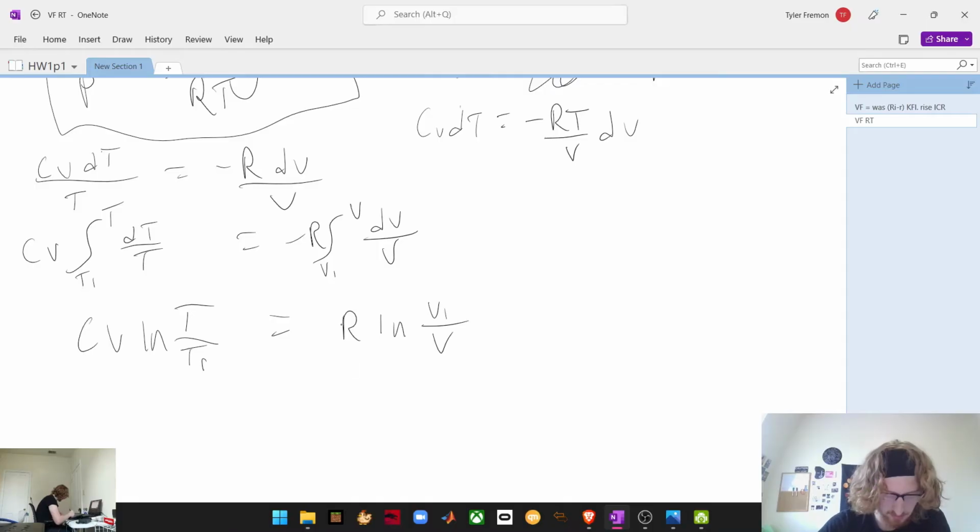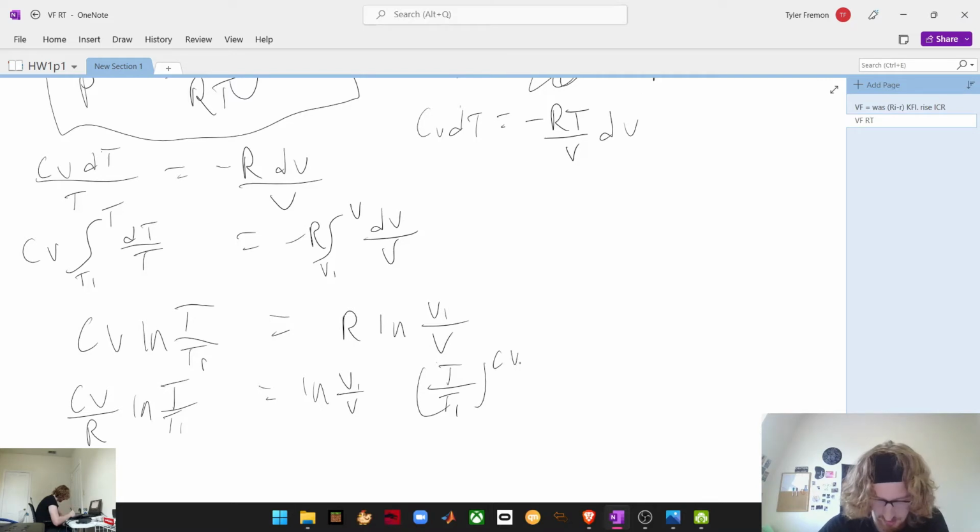And then from there, we'll divide across by R, so Cv over R ln of T over T1 is going to be equal to ln V1 over V. And then for a natural log, we have T over T1 to the Cv over R will be equal to V1 over V.